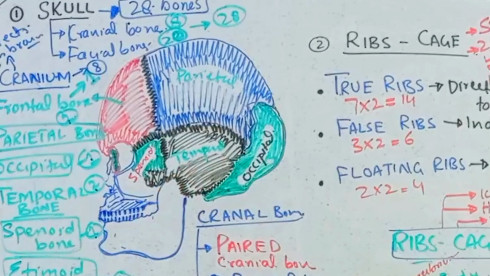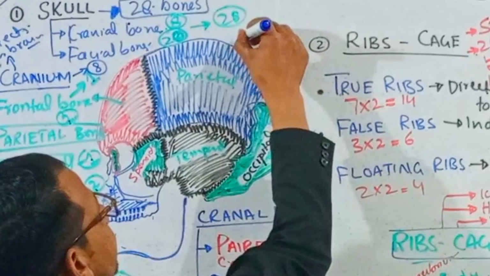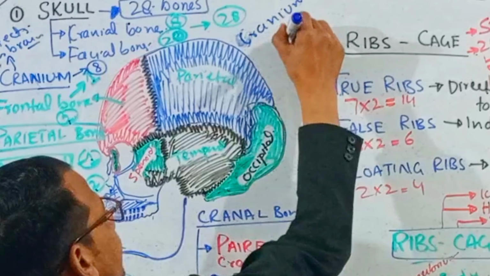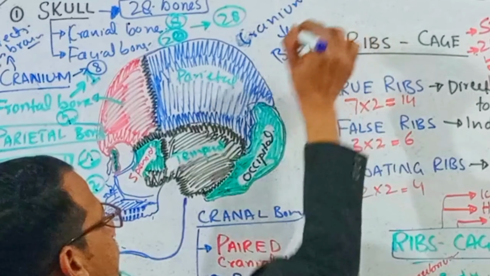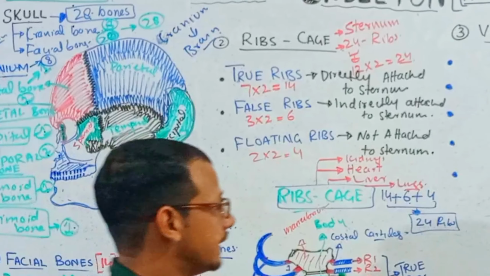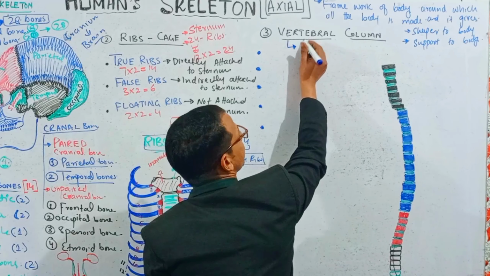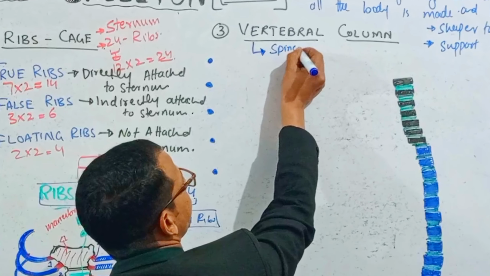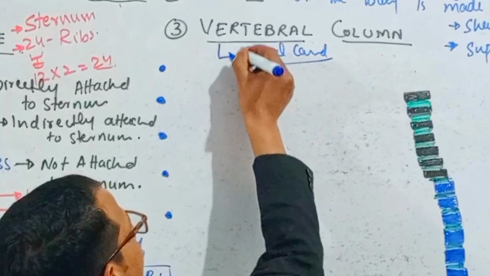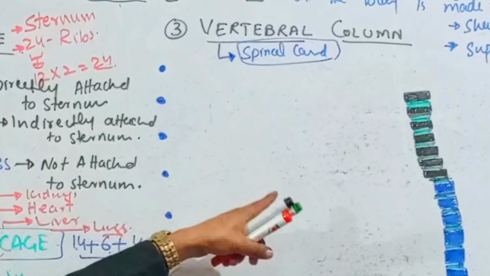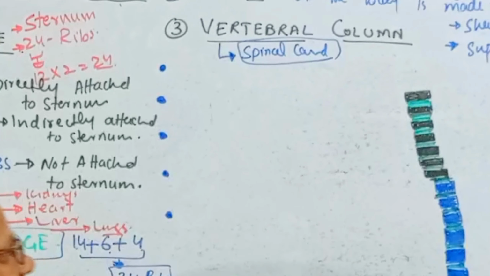The skull protects, in the skull the cranium protects the brain, right? Now the vertebral column protects the spinal cord, which is the primary part of the central nervous system.